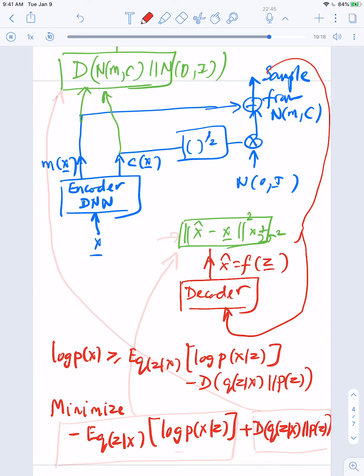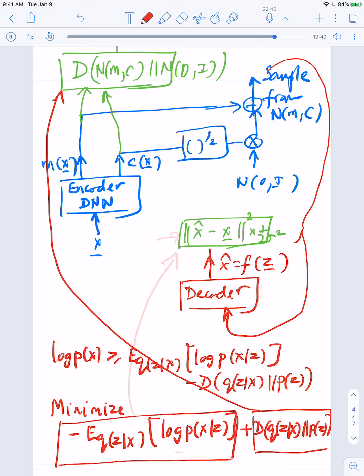And this is where you can see that this divergence term is the term in green I had shown there. So I'm going to make a bit of a mess here and show this arrow. This is that divergence term, where I'm parametrizing Q by a Gaussian with mean mx and covariance cx.